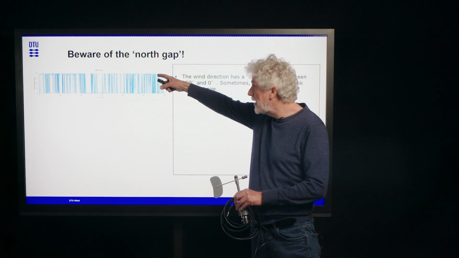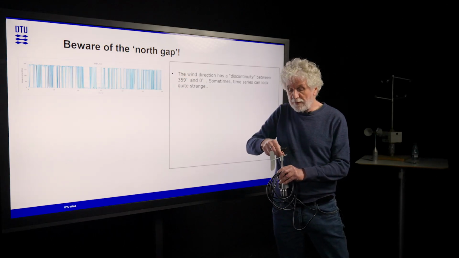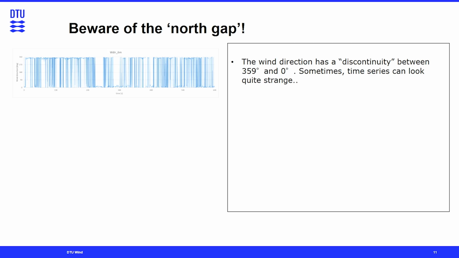You can see in this case where the wind is between something like 355 degrees and 5 degrees, it keeps jumping between those. It looks as if the wind direction is changing very rapidly, but that's not, of course, the case. So care is needed when calculating mean wind directions. There are, luckily, good methods to enable us to do this correctly.